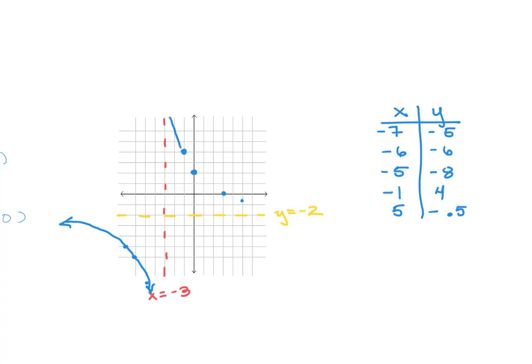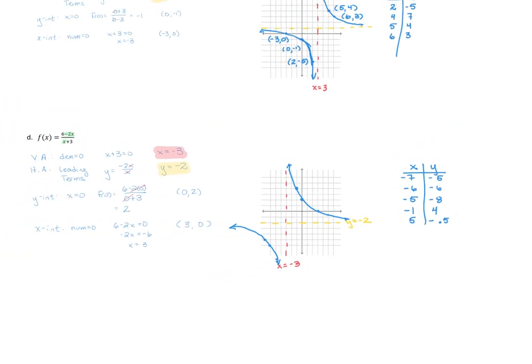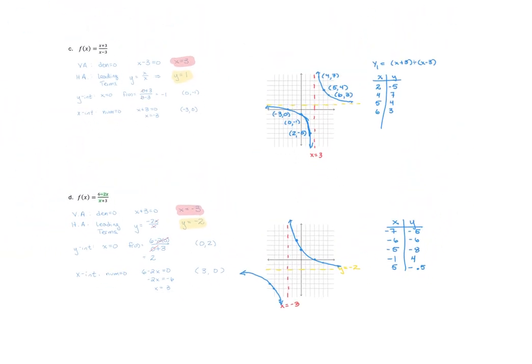And so when we draw our graph, remember that we do want to approach our asymptotes. We don't want to cross, we don't want to touch, and we should get something that looks like this. All right, that takes care of those two.